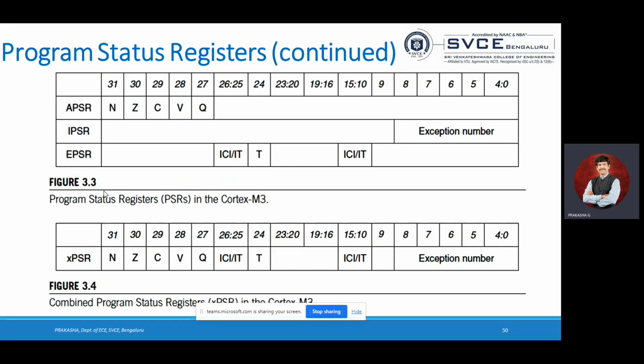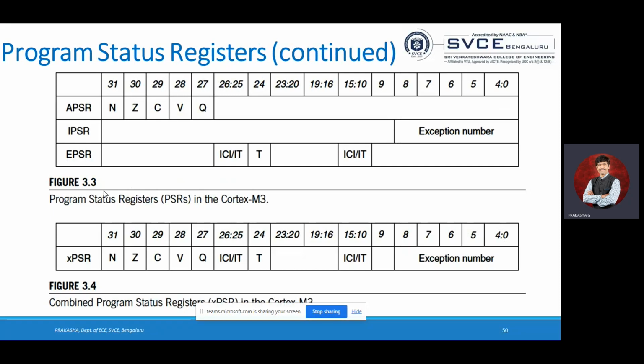I have given 55. So 55 is a positive number. My MSB, bit number 31, is going to be 0. The value of 55 will be indicated with the MSB as 0.